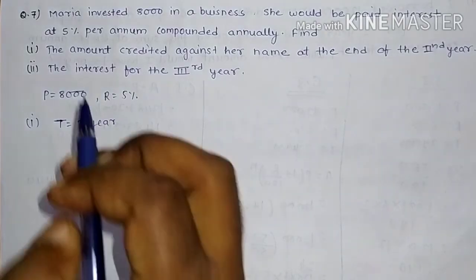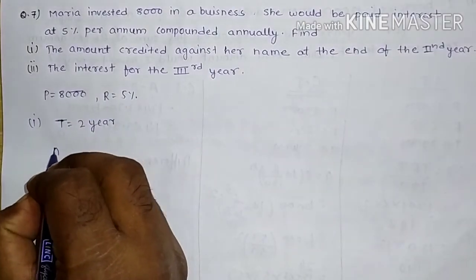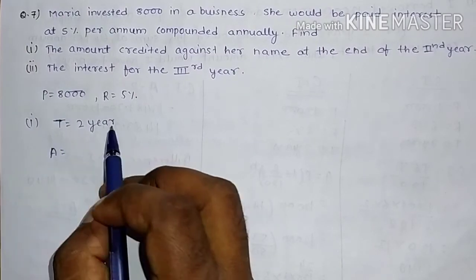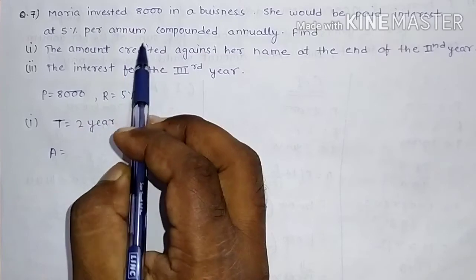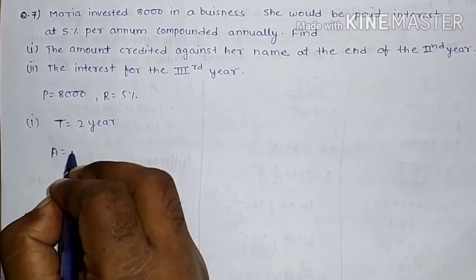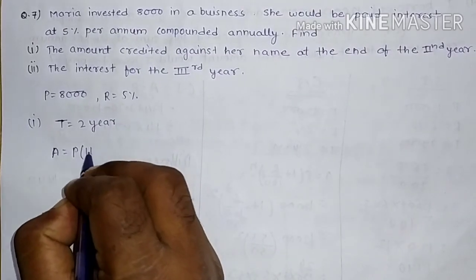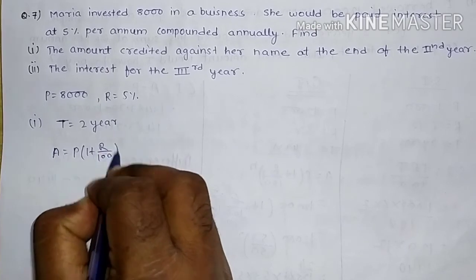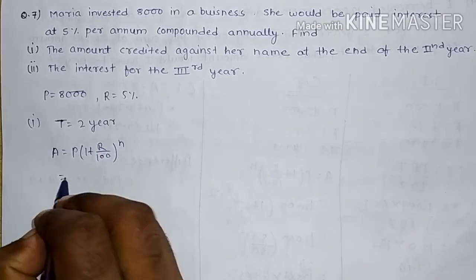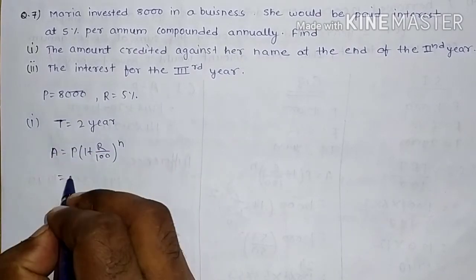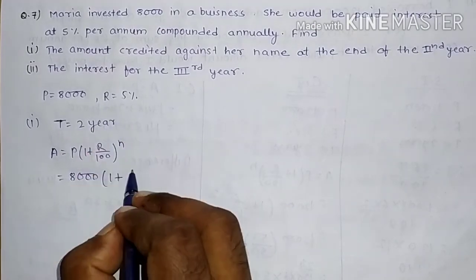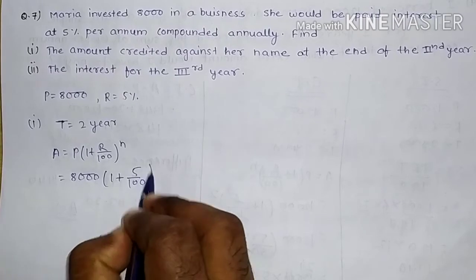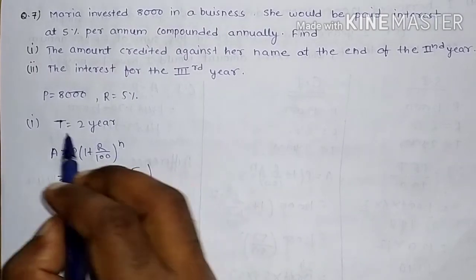Here we have to find the amount. The interest is compounded annually, as given in the question. So the formula will be amount equals P(1 + R/100) to the power N. Now just put the values. P is 8,000, 1 plus R, which is 5%, upon 100, to the power N, which is time, that is 2 years.